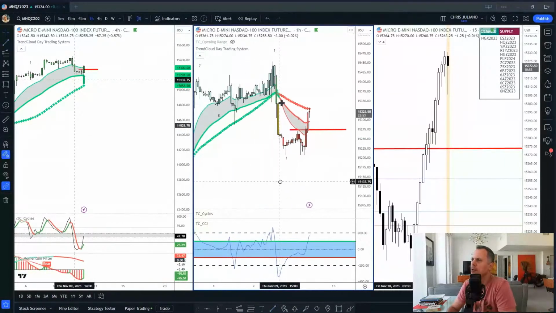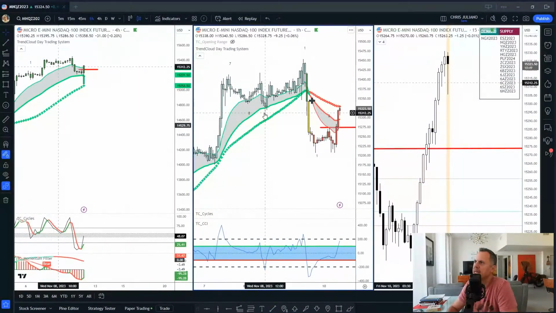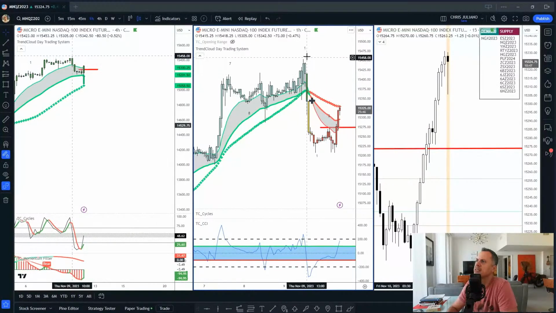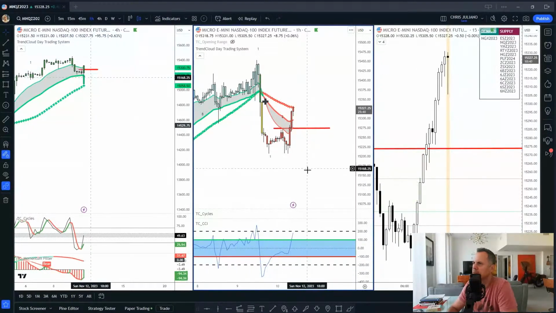But what did it do? It recalculated. We went up, right? 7, 8, 9, and then it broke, right? Broke down, recalculated, and it started making waves to the downside, and now we broke through that. Momentum is with us. Trend is with us.